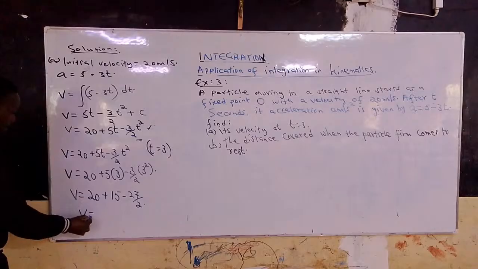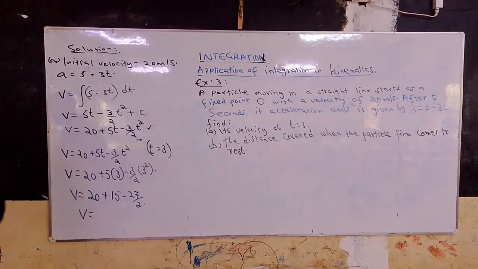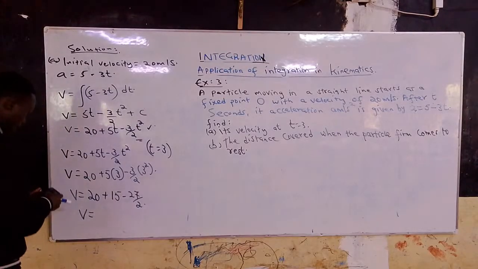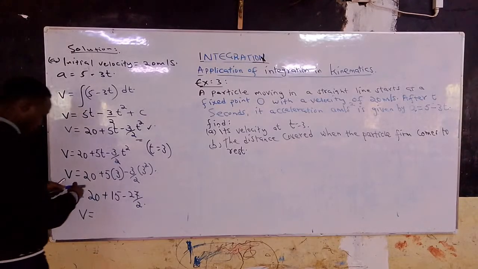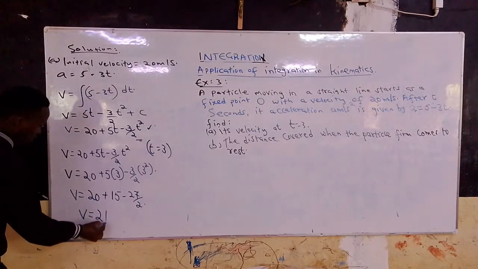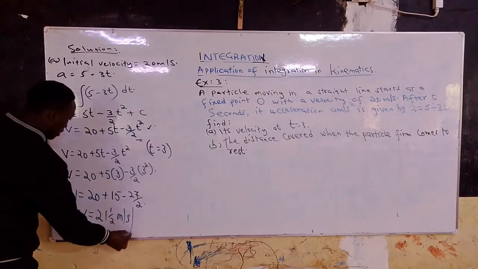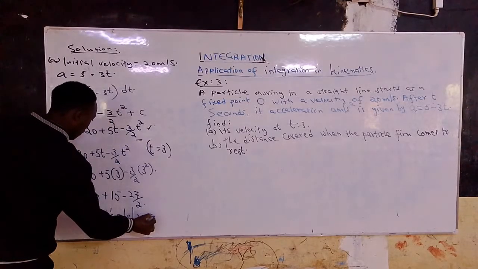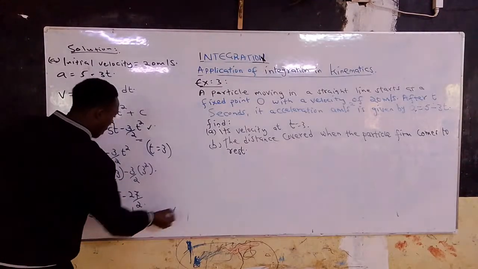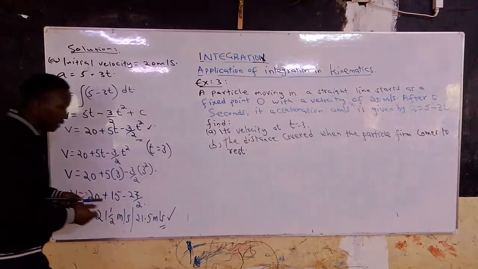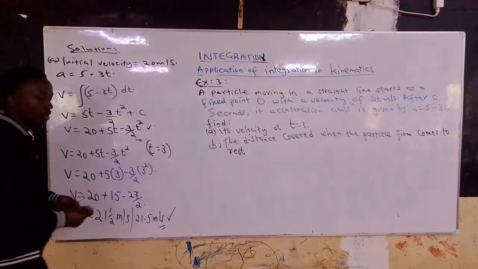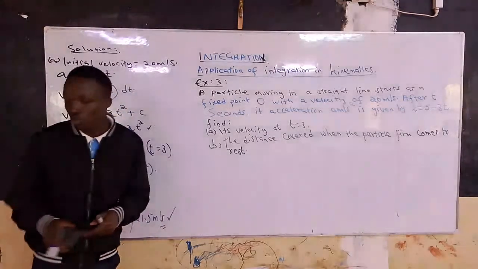So our velocity will be equal to 20 plus 15, which is 35, minus 27 over 2, which will be equal to 21 and a half meters per second. That is 21.5 meters per second. That will be our velocity when time is 3 seconds, or when t is equal to 3.